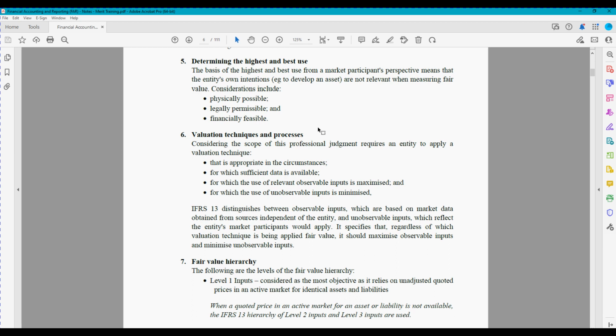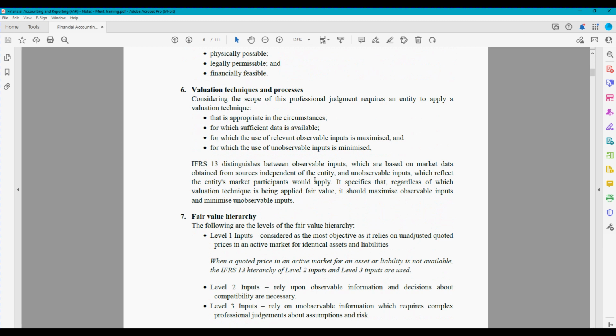Next is valuation techniques and processes. Basically, the person who's applying judgment to a fair value needs to consider the valuation technique. For businesses and things like that, there are various ways you could value it. For example, you could use a discounted cash flow, looking at future cash flows and discounting them. It could be a comparable analysis, looking at precedent transactions, figuring out what others have paid for similar assets and applying that same multiple to EBITDA, for example.